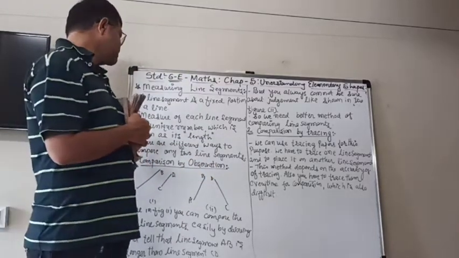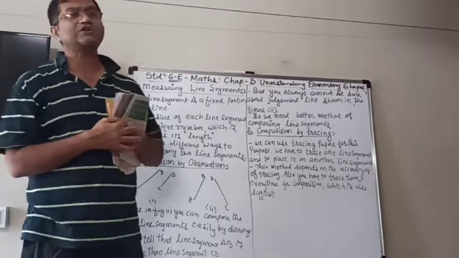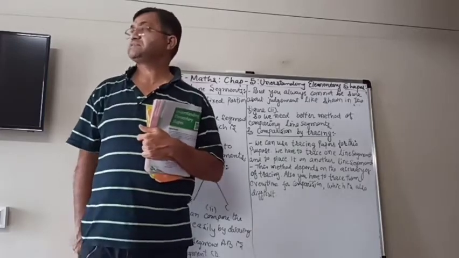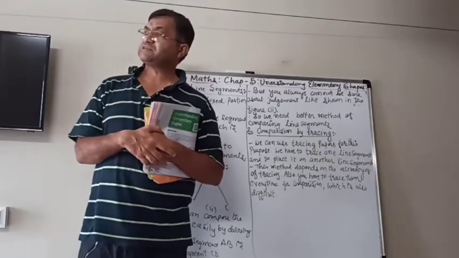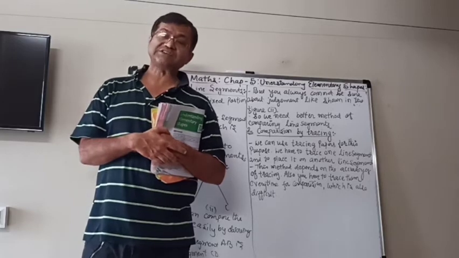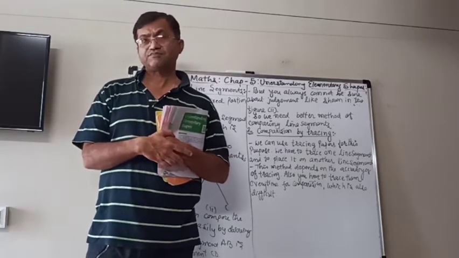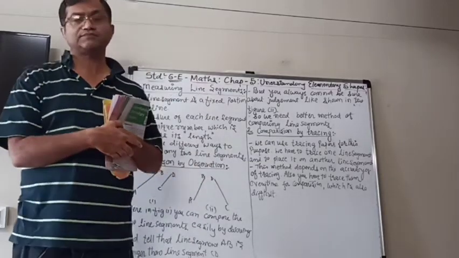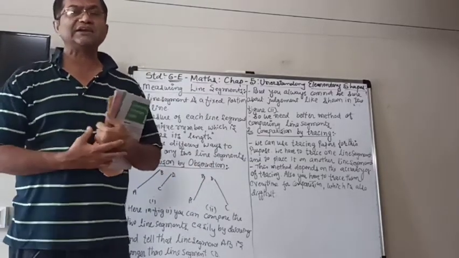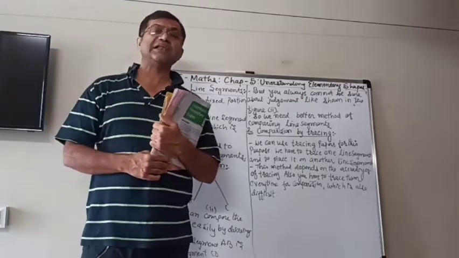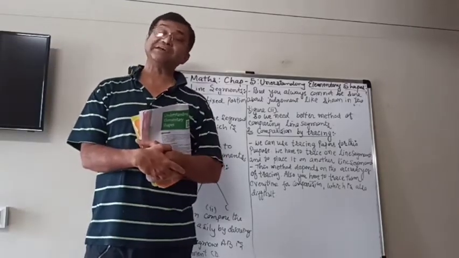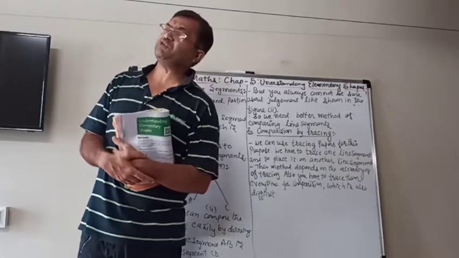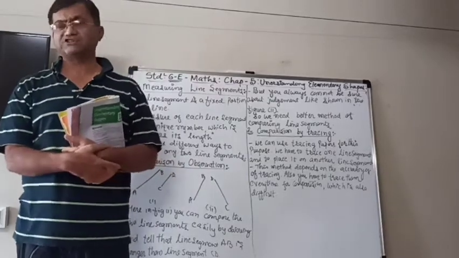Now, sometimes we need to compare two line segments. Compare means to decide which line segment is longer and which is shorter, meaning whose length is more and whose length is less. So there are many different ways for the comparison.